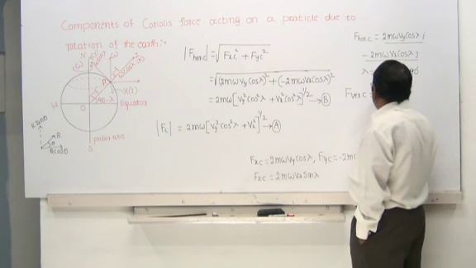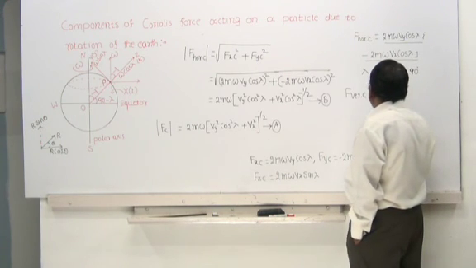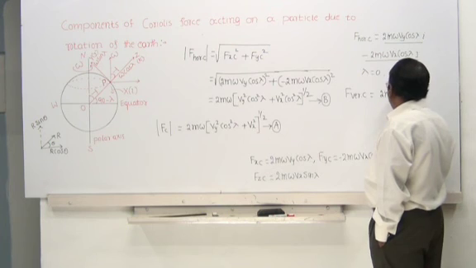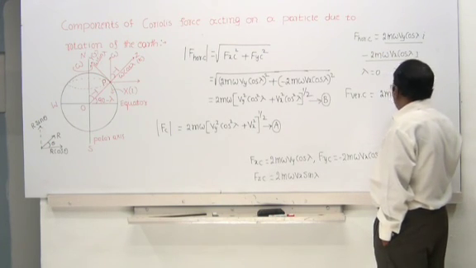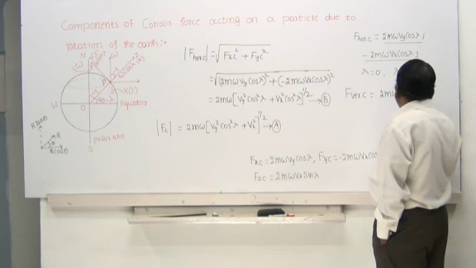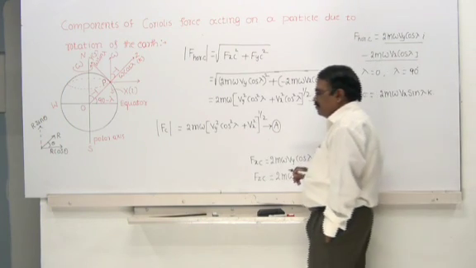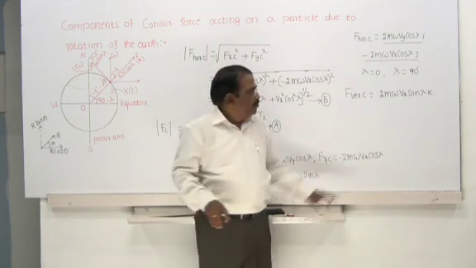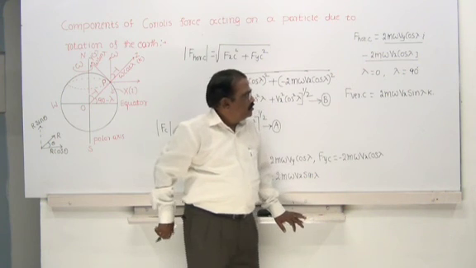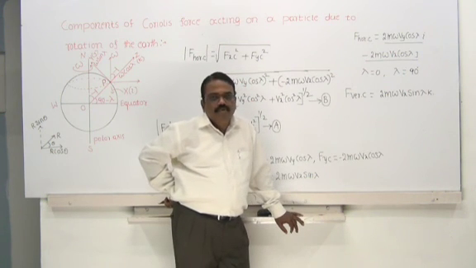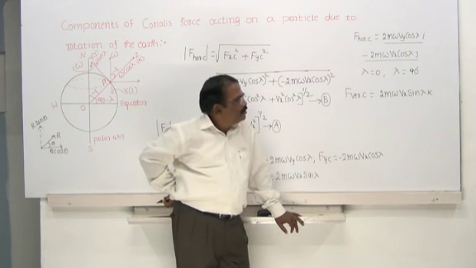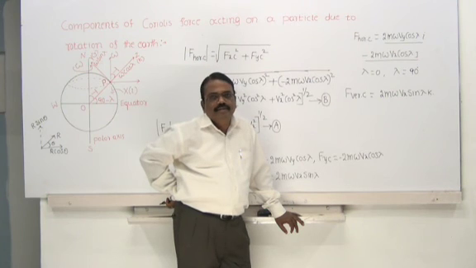It is 2m omega Vx sin lambda into k, the vertical component. Then tell me when this equation is maximum. Once again it depends upon lambda.